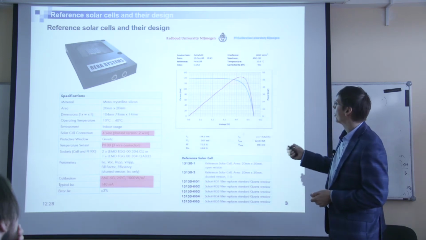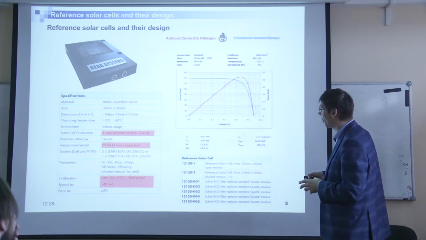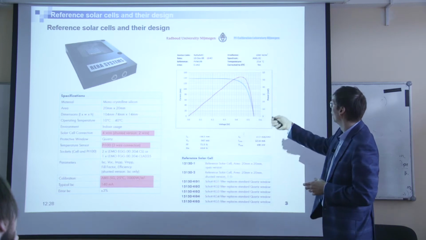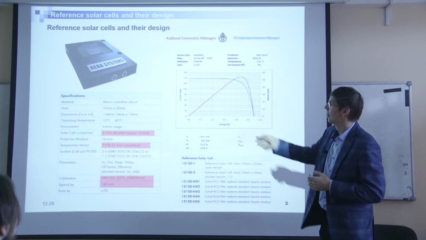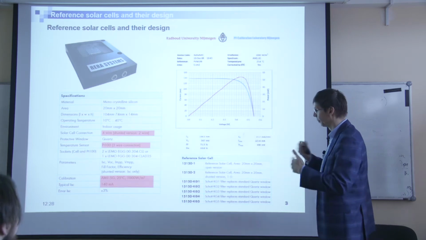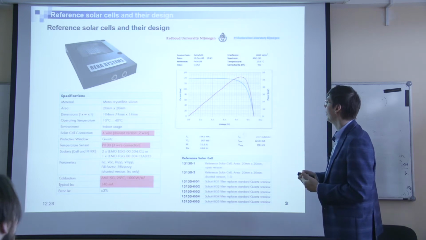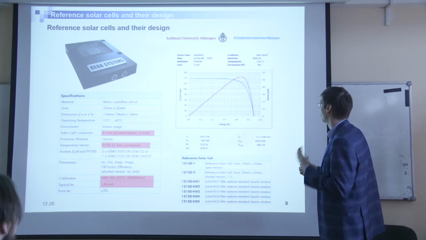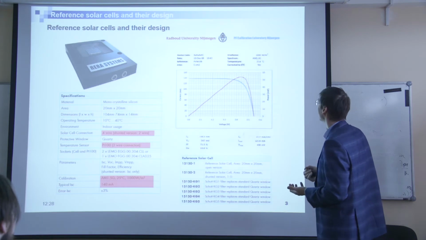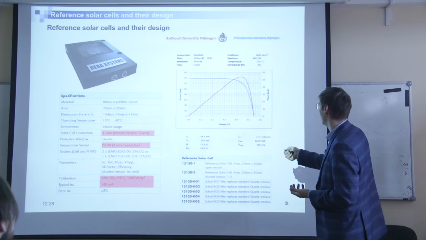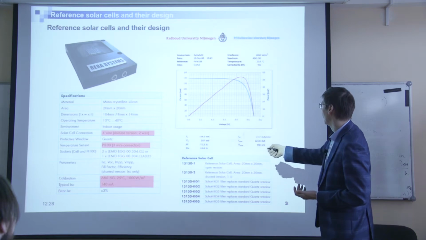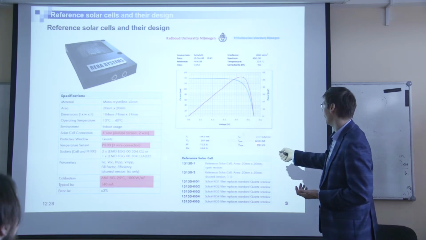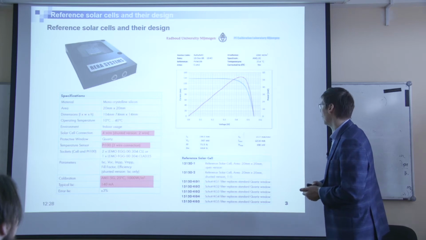And here is some kind of paper. This is a copy of the paper you would have with this reference solar cell, and actually the most part of the price, it's this value. Actually, it's a short circuit current.